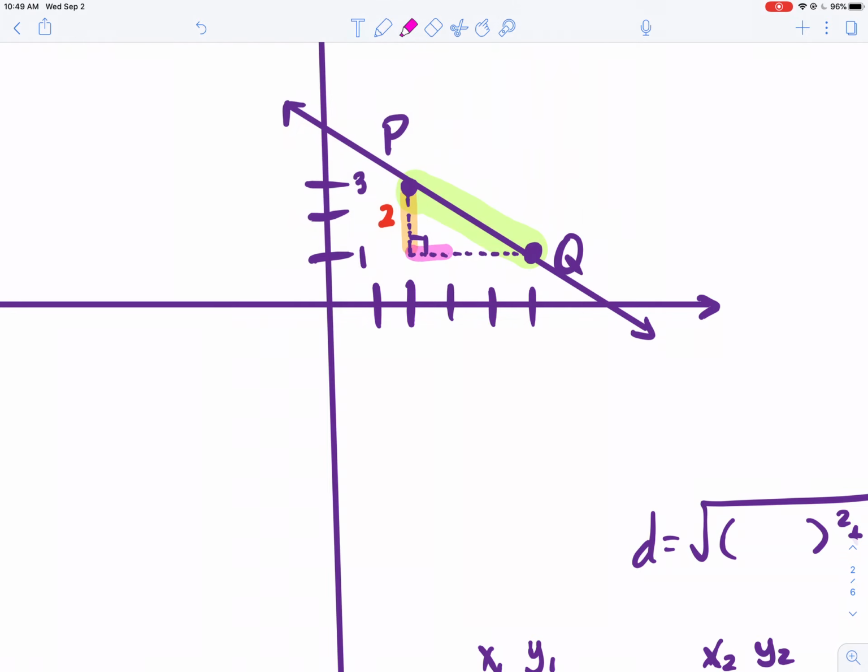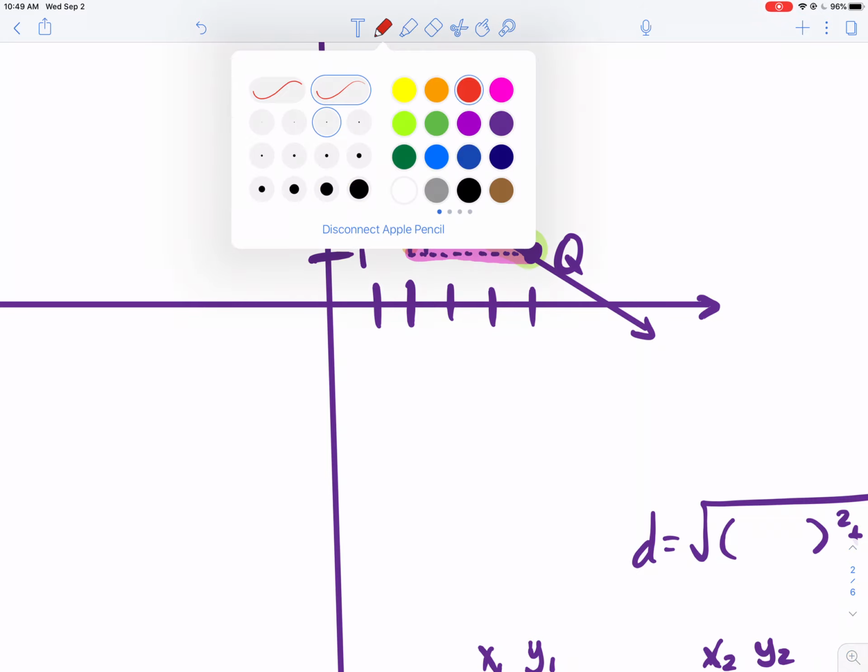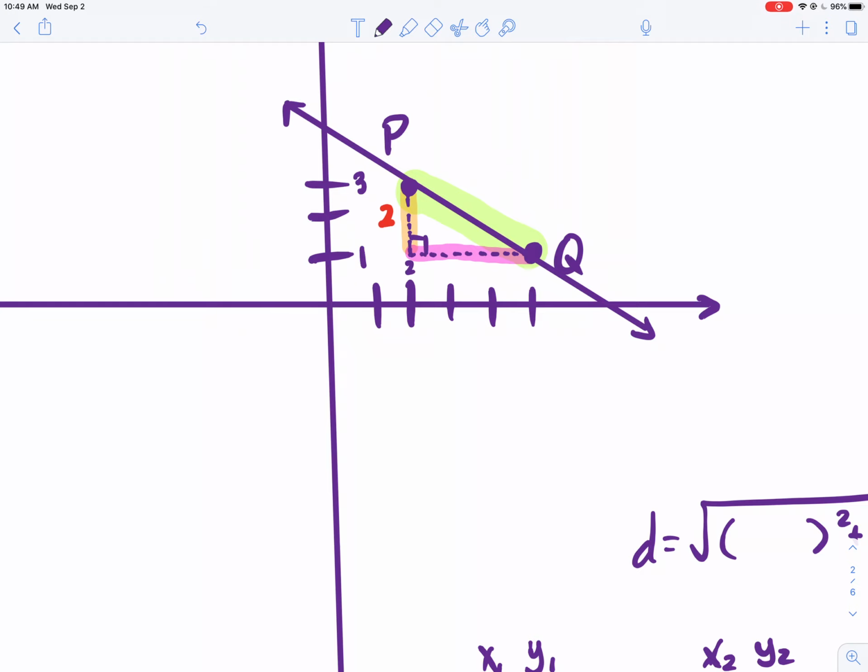If I go from here to here, let's use a different color. We'll go back to our purple. Here I'm at 2 and here I'm at 5. I say, okay, how many spaces is that? It's going to give us 3 spaces. Now when we have graph paper, it's going to work a little bit better. But because I'm able to find the length of those 2 sides, I can use my Pythagorean theorem.